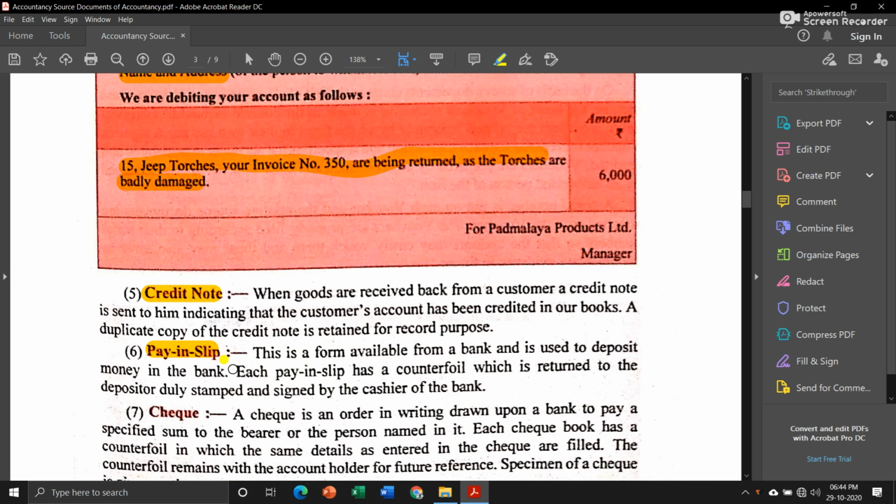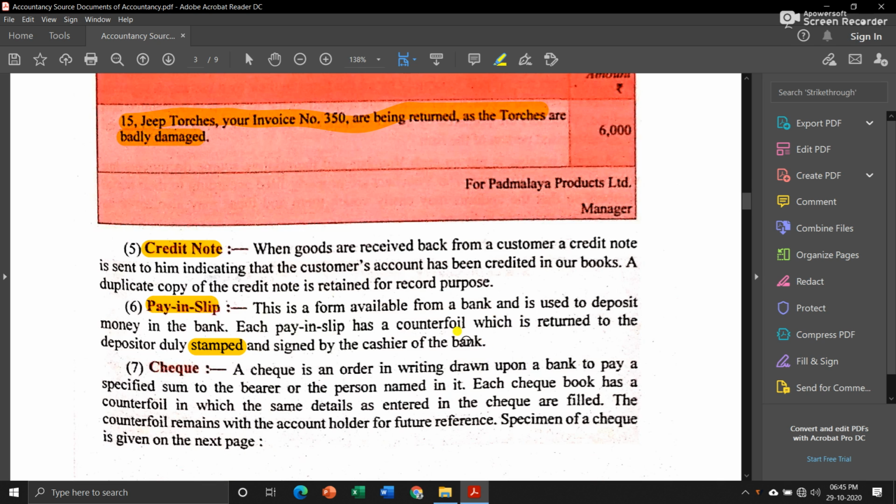After you hand over money along with that slip, the bank people will put a stamp and signature on that slip, and they will keep a part of that slip with them. The small part that is known as the counterfoil will be returned to you after being stamped and signed by the cashier of the bank. That form that you fill up for depositing money is known as a pay in slip.